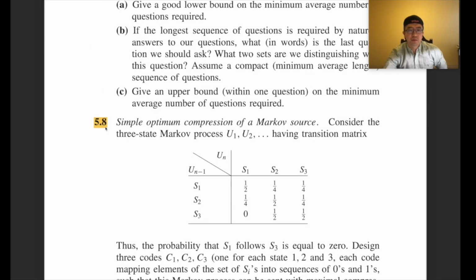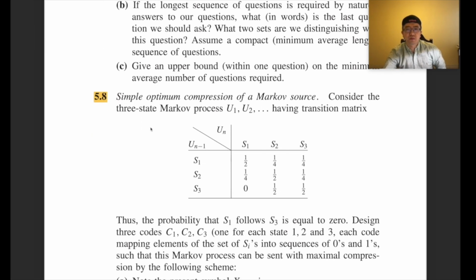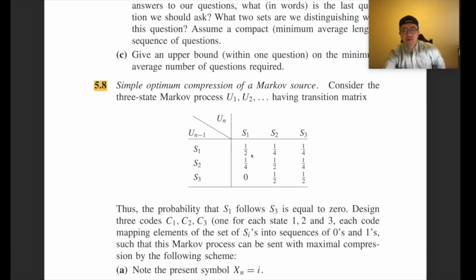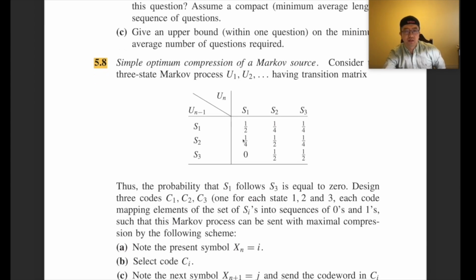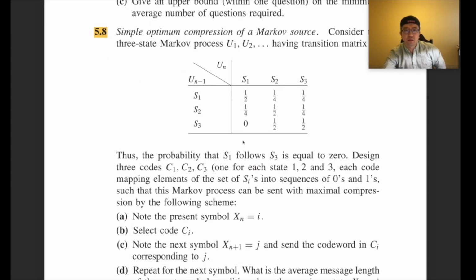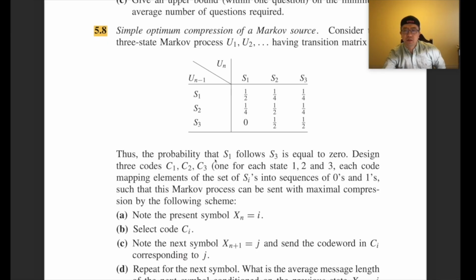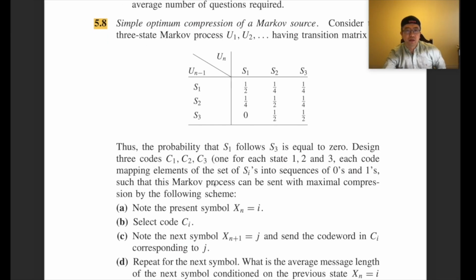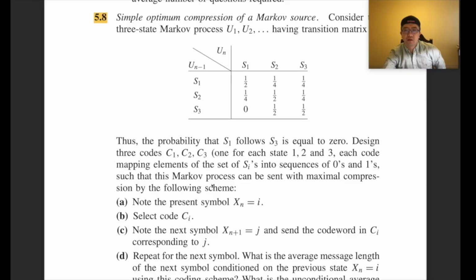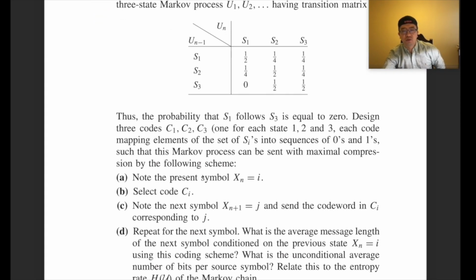Next, let's take a look at the next problem. Our next problem is problem 5.8. In this problem, we consider a Markov chain. Here is a transition probability, and we have three states in the state space. The problem asks us to design a code in the following procedure.